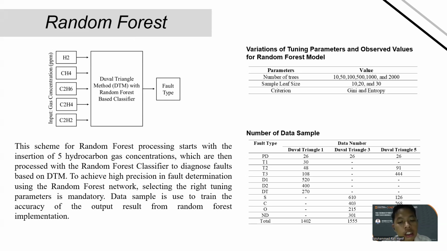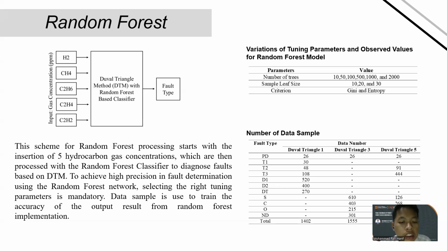To achieve high precision in fault determination using the random forest network, selecting the right tuning parameters is mandatory. And you can look at the top right side. We provide the variation of tuning parameters and observed values for the random forest model. The parameters are the number of trees, minimum leaf size, and criterion.